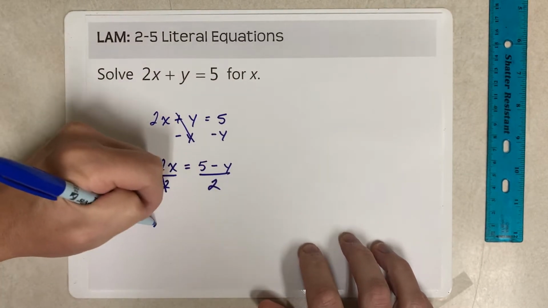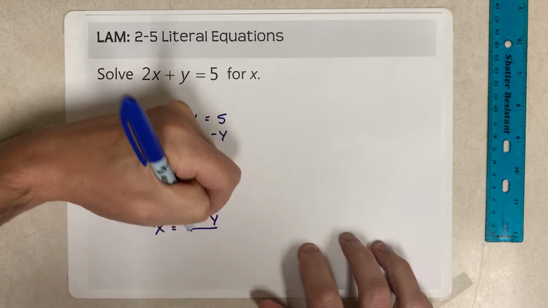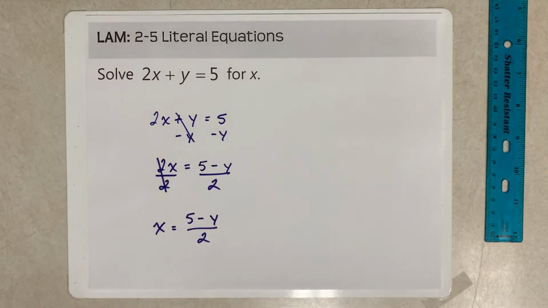The 2's cancel, and x is equal to 5 minus y over 2. So now x is by itself, everything else is on the other side, and believe it or not, there are many times in mathematics where you need to do something like this before you can even get the problem going. So this is a very useful skill to have, especially for those of you going into geometry.